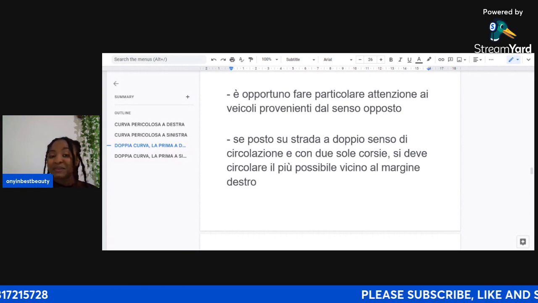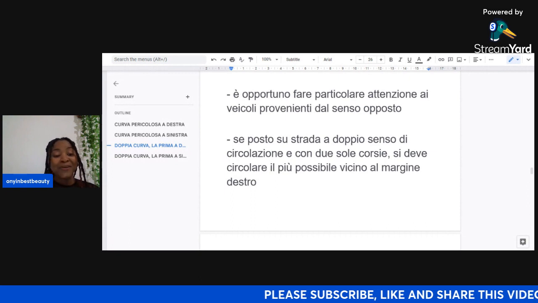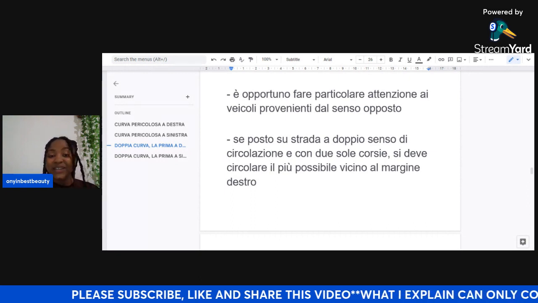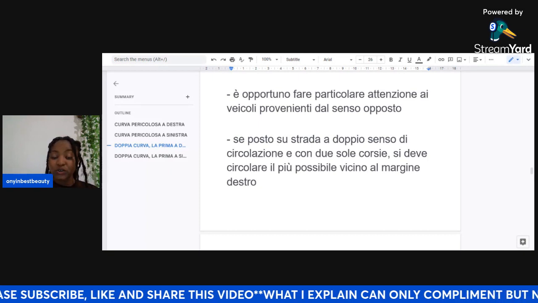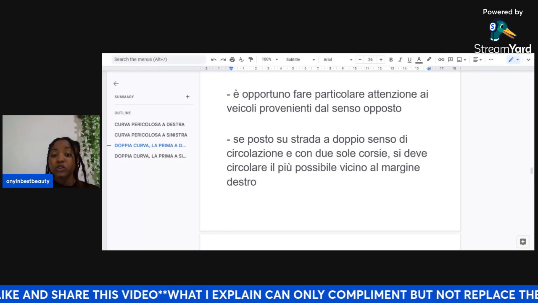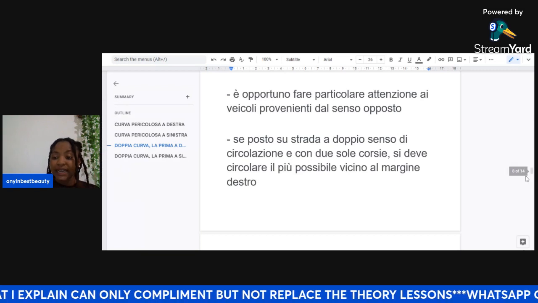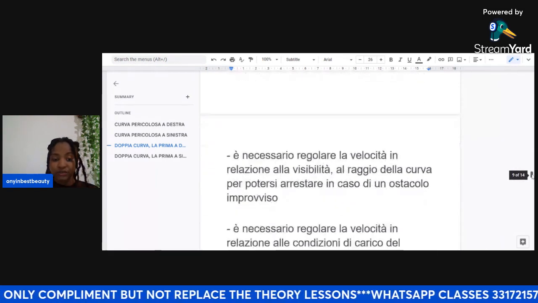It's just repeating the same thing. You see why I'm telling you that it's not that hard. Okay, just understand what it's trying to tell you, and you're good to go. So it's telling you that if this sign is put on a two-way road that has two lanes, you must move to your right-hand side as much as possible. That's the margin of the road.